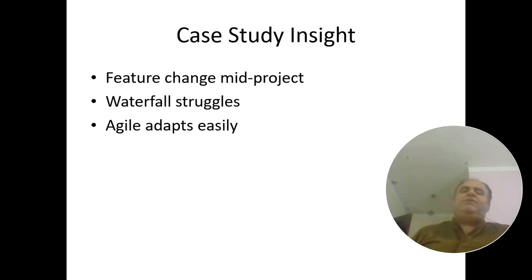The software engineering model that adapts quickly, which is Agile, would easily surpass Waterfall. The Waterfall will struggle because there is no feedback mechanism. There are no iterations. But Agile, since it has a recursive mechanism going on, will adapt very quickly.